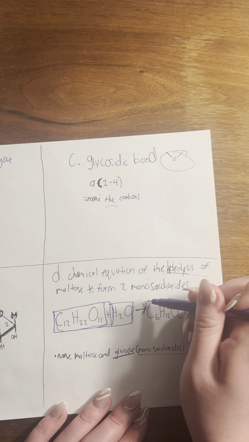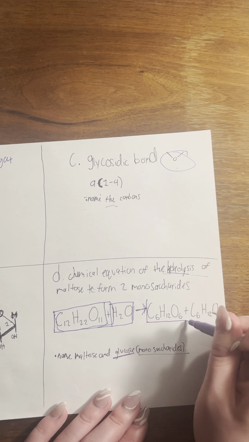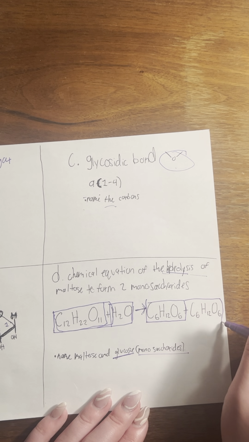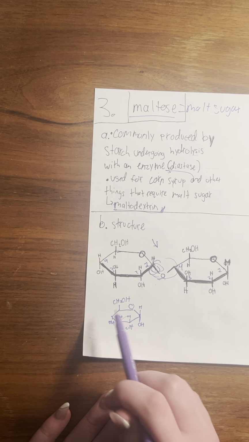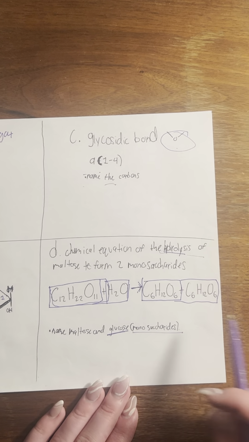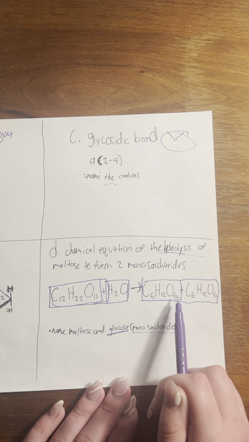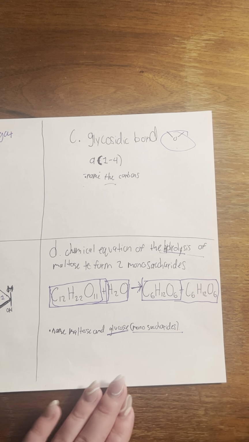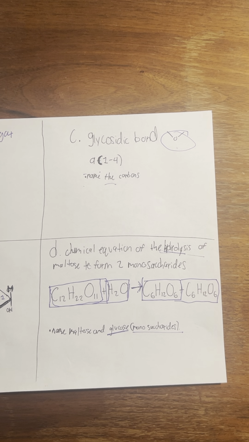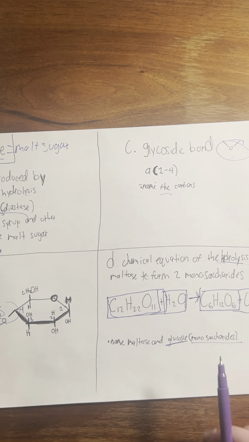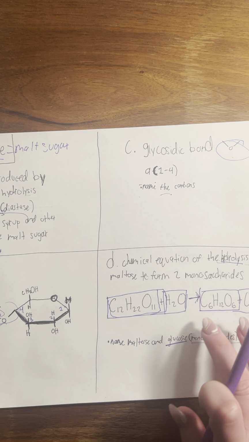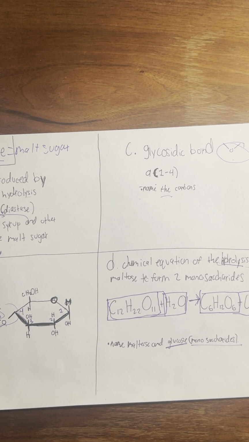So here's one of our glucoses, and two of our glucoses that look like that. Glucose has C6H12O6, so when you add two of them, you have 12 C's. Whoa.